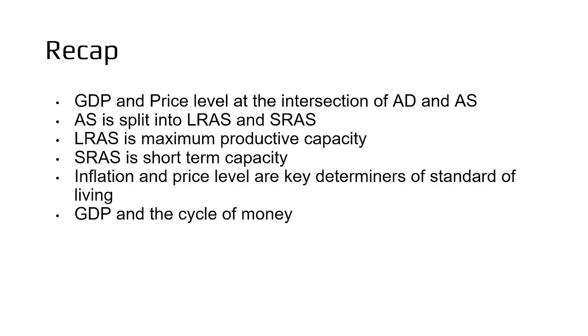So how the consumption by households of goods and services enriches companies, who then pay wages to households and consumers, who then continue that cycle by buying more goods and services. And there are some key factors that draw money out of the cycle of money, so savings, taxes, and imports. And then there are key factors for injecting money into the economy, so government spending, capital investment, and exports.